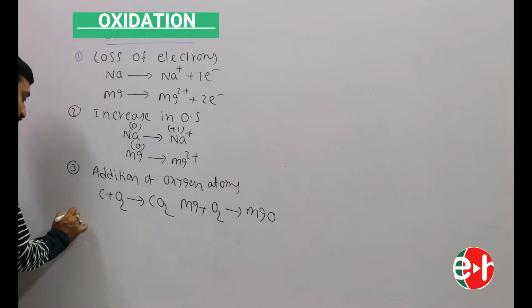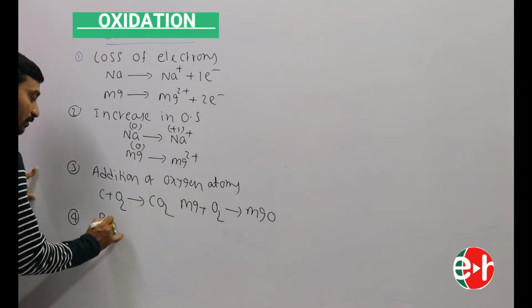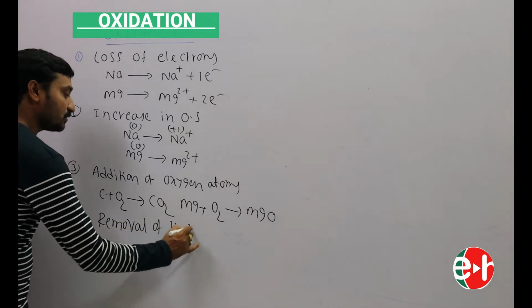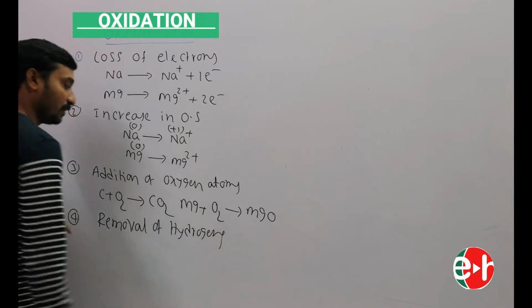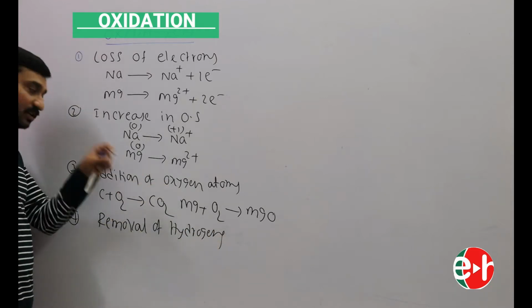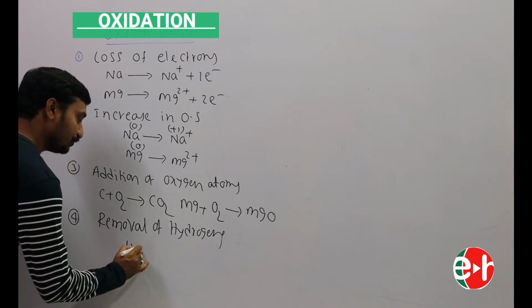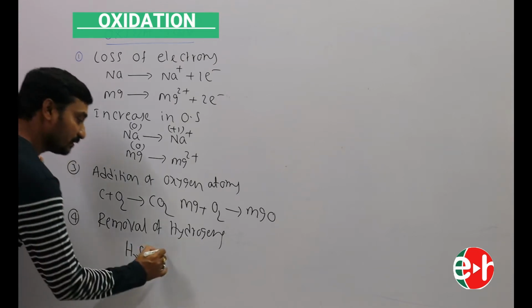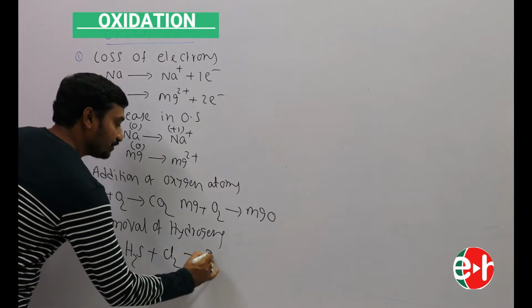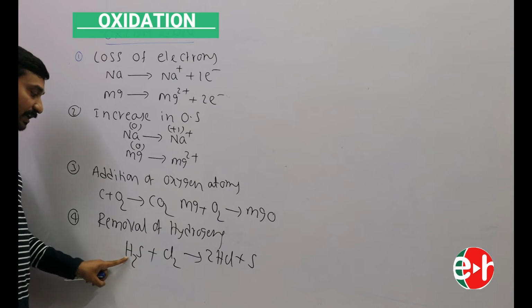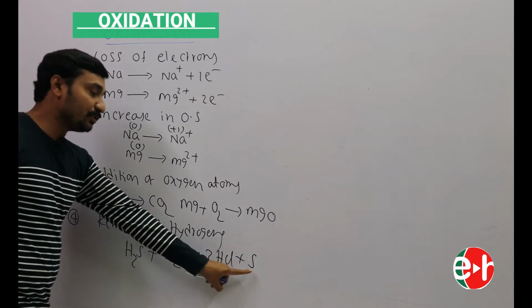Next one, removal of hydrogens is also oxidation. For example, H2S + Cl2 gives rise to 2HCl + S. See here, H2S is converted into sulfur.